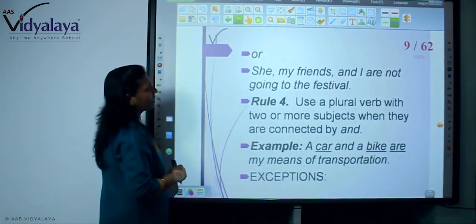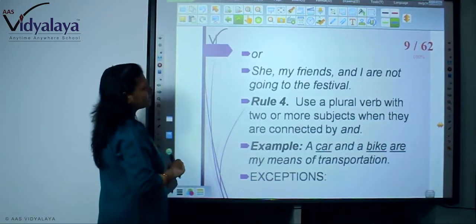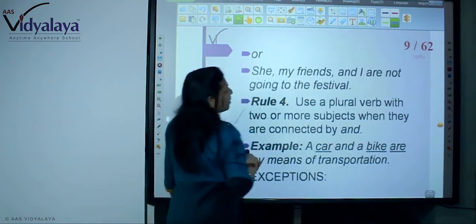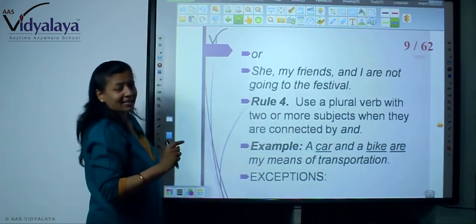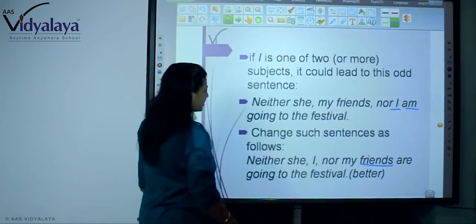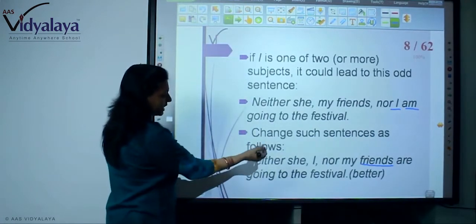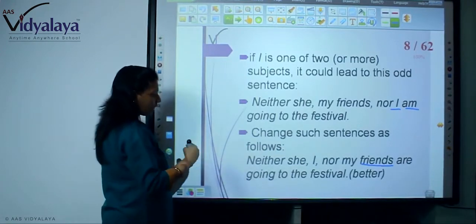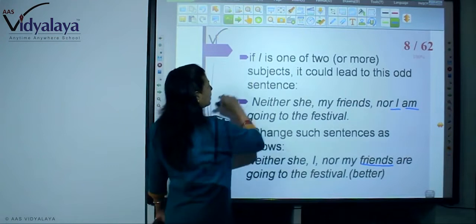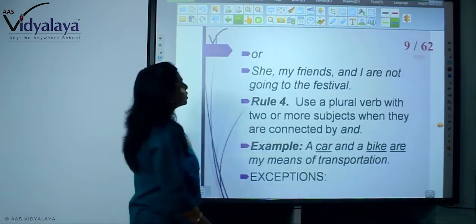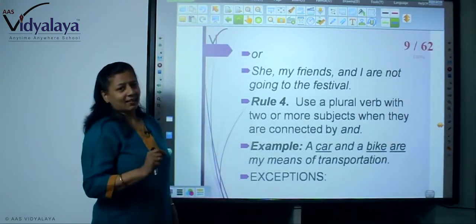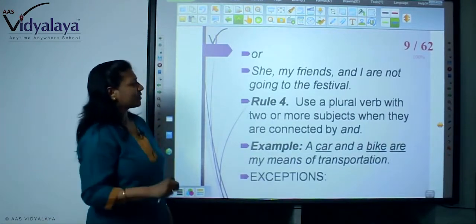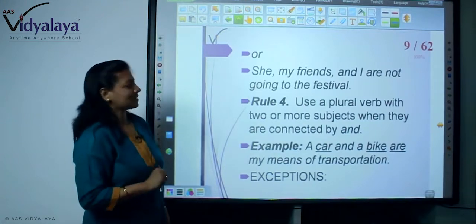So in this way, you are writing it with a comma, and I. Earlier, what was there? Neither she, I, nor my friends. You are using neither nor, or either or. But here you are writing she, my friends and I. No neither, no nor, no or, nothing. She, my friends and I are not going to the festival.